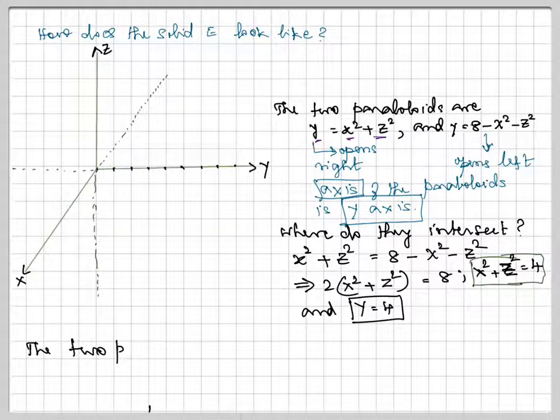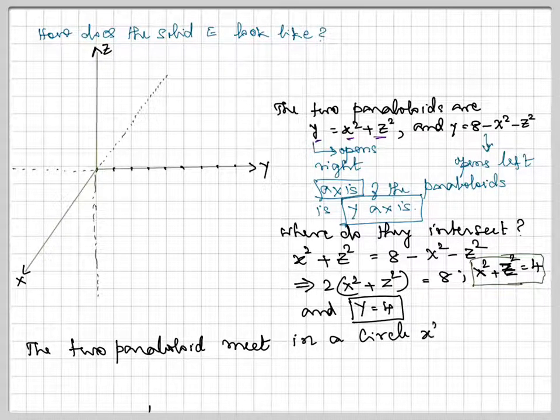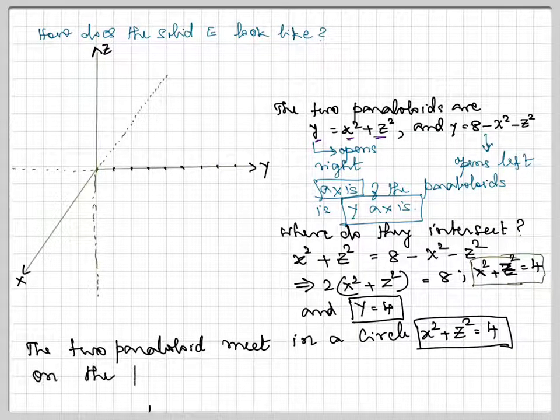Now the two paraboloids meet in a circle x square plus z square equal to 4 on the plane y equal to 4. So now we have some idea about the graph.